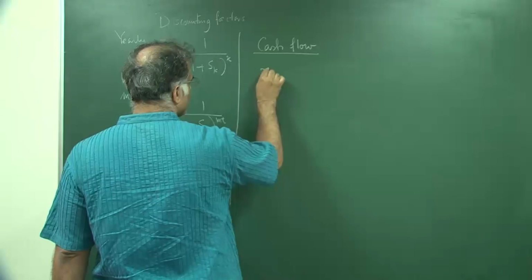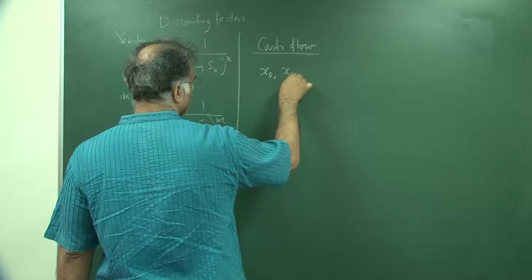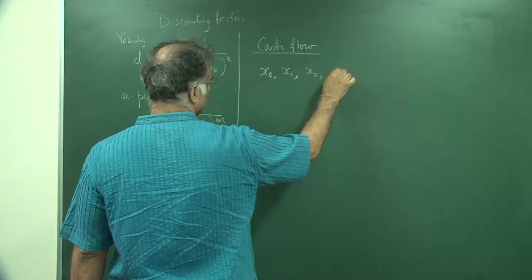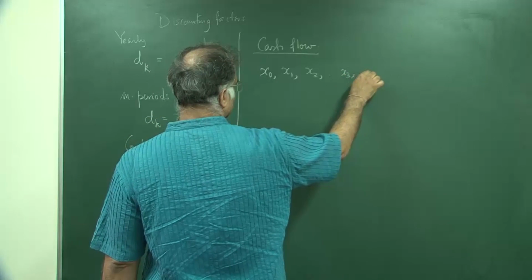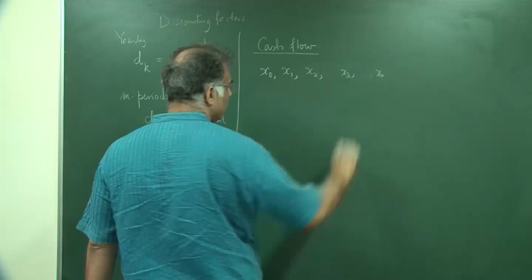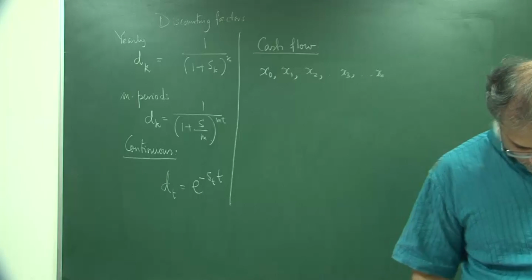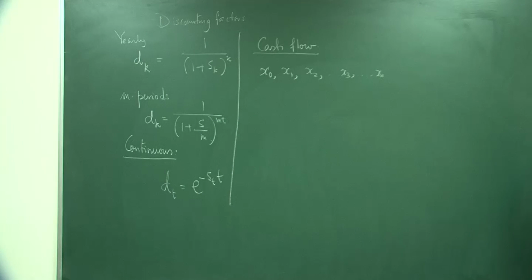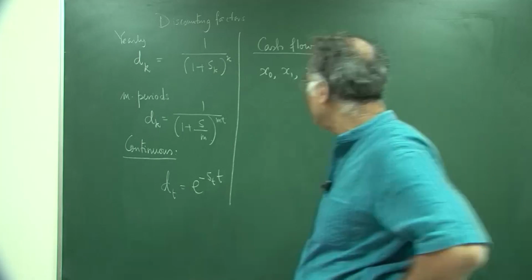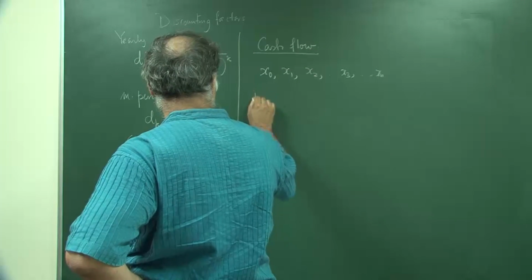So, suppose you have the cash flow x0, x1, x2, x3, up to xn, and you know the spot rates. Once you know the spot rates, what is the present value of this cash stream?